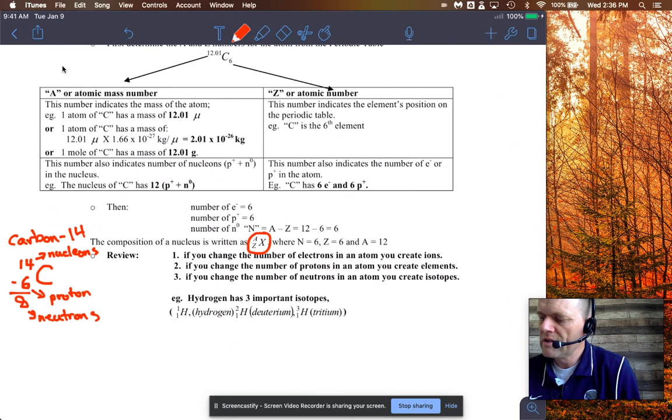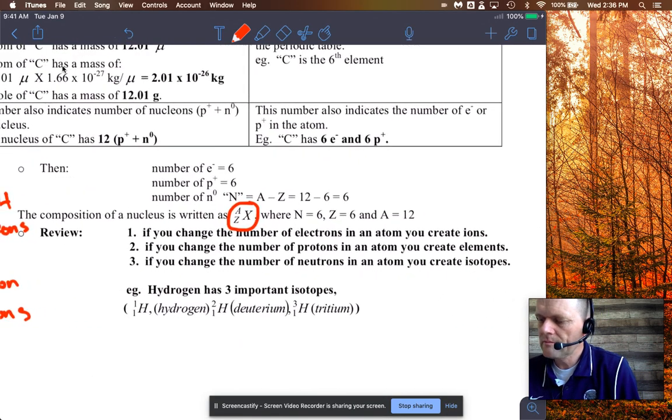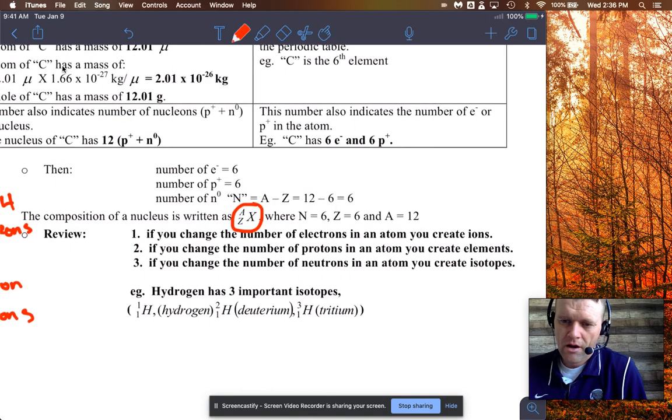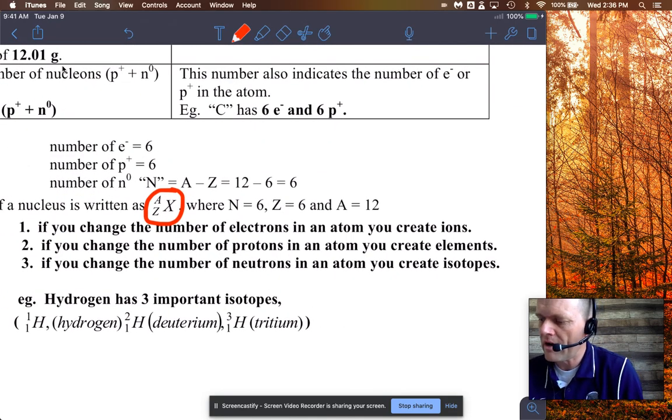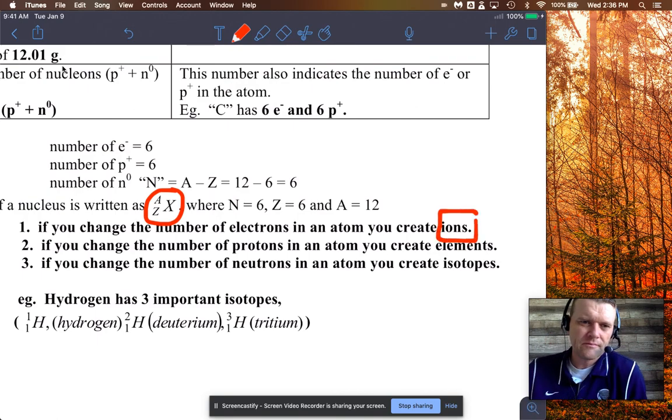So this is a really important summary when it comes to dealing with atoms, and it's a great review of even chemistry too. The first part is, if you change the number of electrons in an atom, you create ions. By kicking out electrons or adding electrons, you make ions.